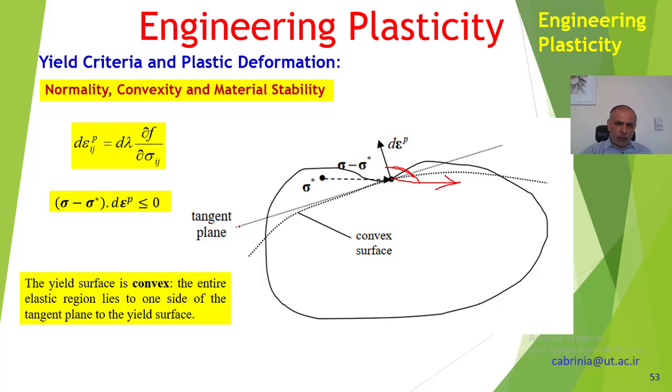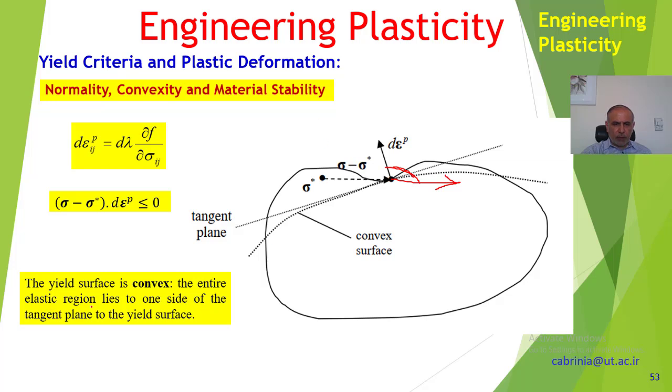And note that for this concave surface, when we draw the tangent here, we have some parts of the yield surface over the top in here and some part over the top here. While if the yield surface is convex, we have all the elastic regions on one side of the tangent and the plastic region on the other side of the tangent.